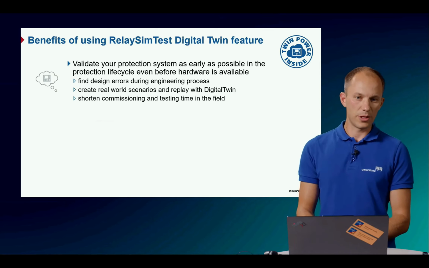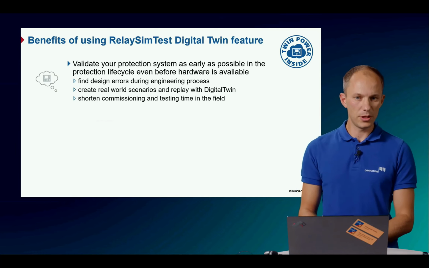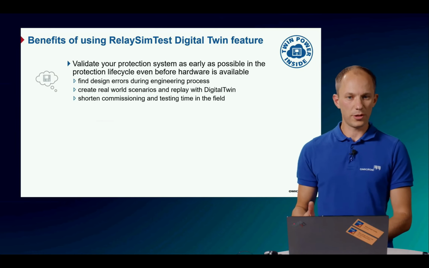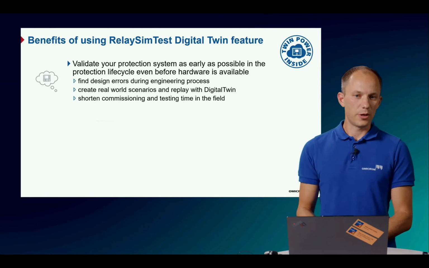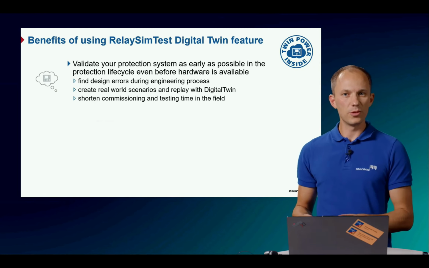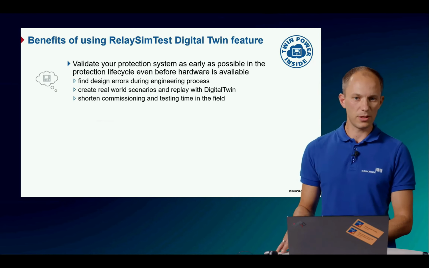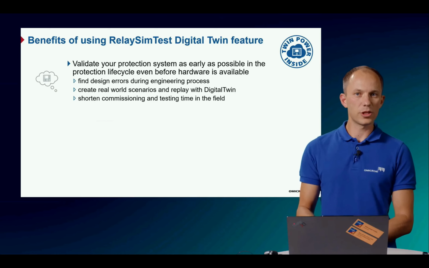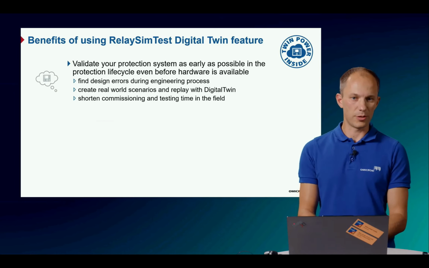You can create real world scenarios and replay them already on a digital twin. And of course, therefore, you shorten the commissioning and the testing time in the field afterwards. I don't want to say that you don't need to do the tests in a physical environment, so really in the substation. I mean, that's clear. The digital twin really helps in that early engineering process phase.